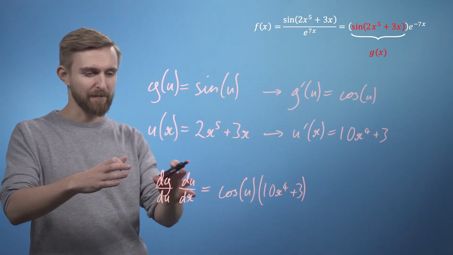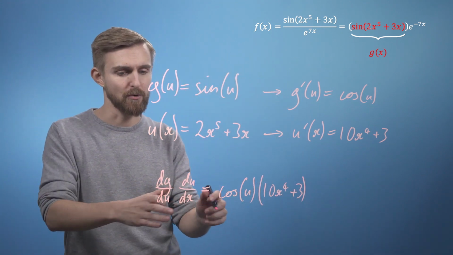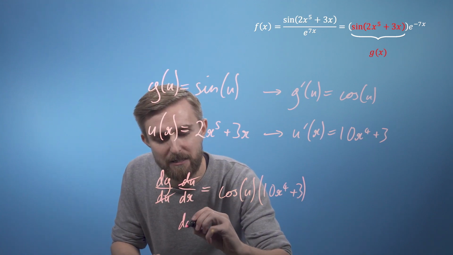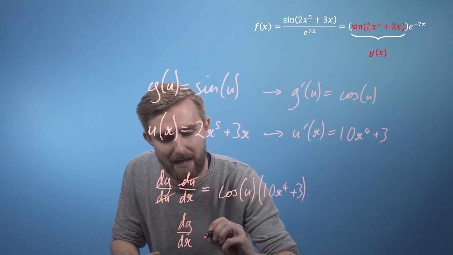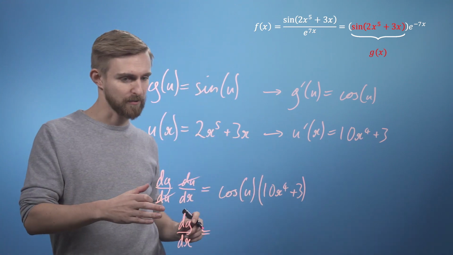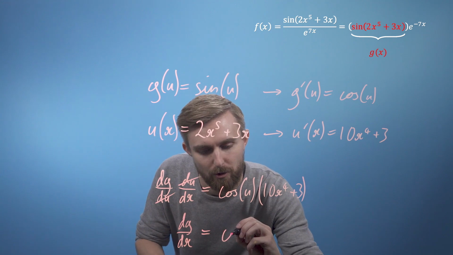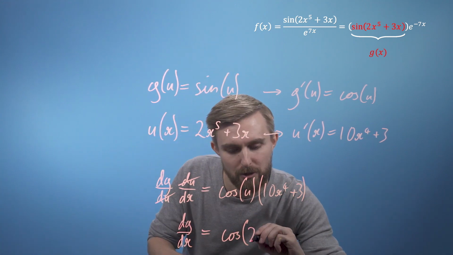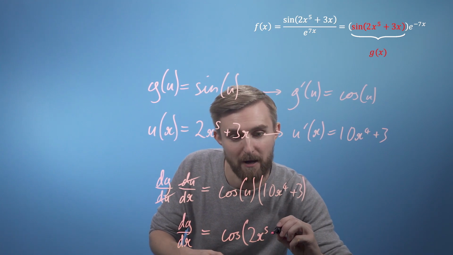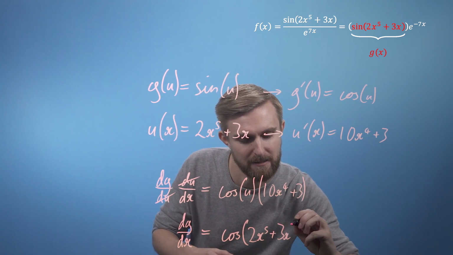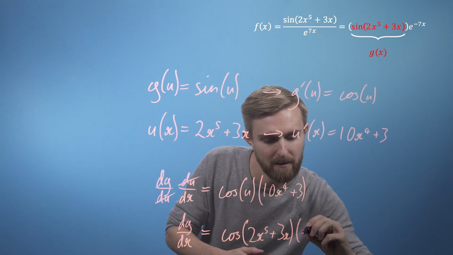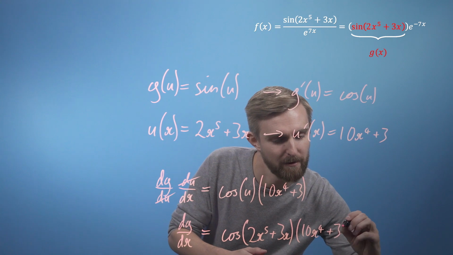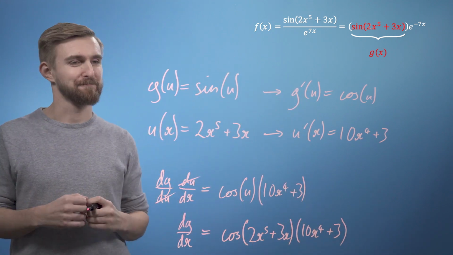And now we're going to want to have a final expression that doesn't include a u. So we can think about these two cancelling each other out, and we get dg by dx, which just equals cos of u, which is just 2x to the power of 5 plus 3x, multiplied by 10x to the power of 4 plus 3. And that's it.